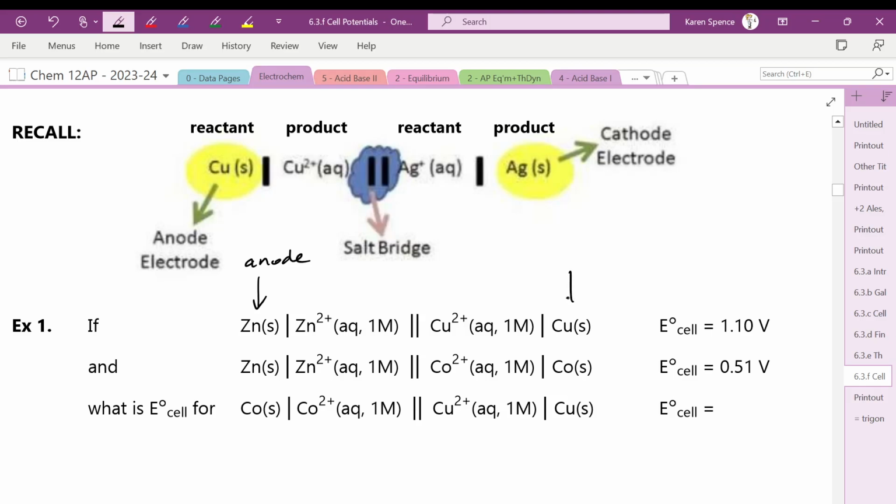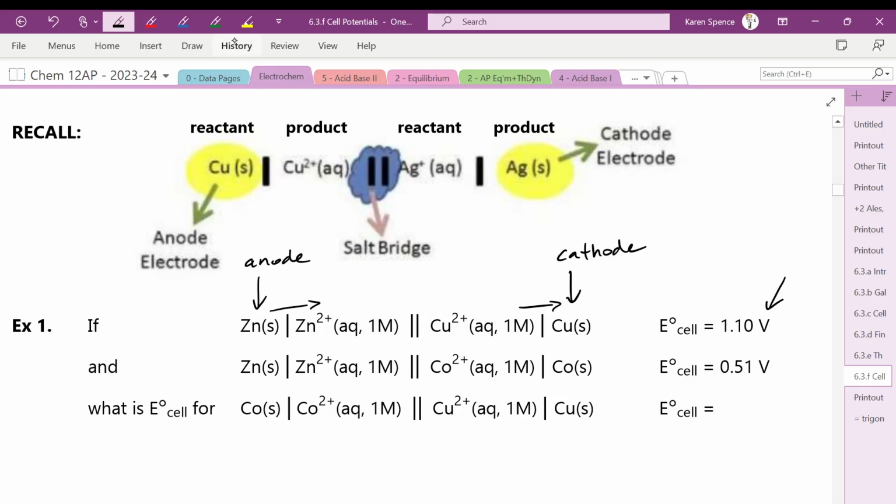And this guy over here is the cathode. Okay. And in the reaction, zinc is turning into zinc 2 plus, copper 2 plus is turning into copper solid. So here's our cell, and we have 1.10 volts.